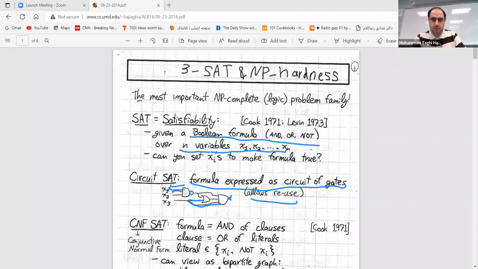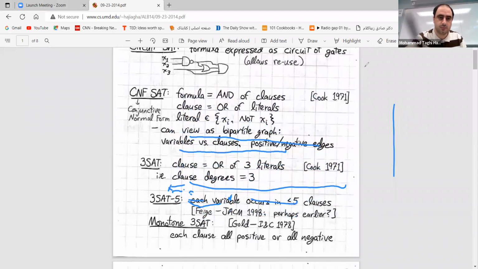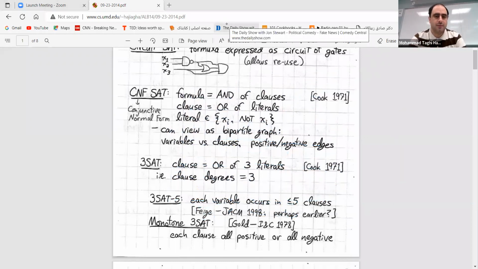So there is this formula called the CNF formula. It is called the conjunctive normal form.